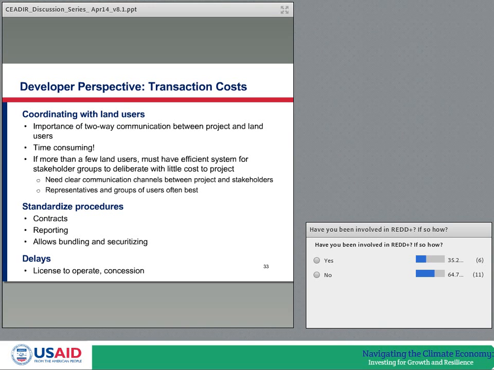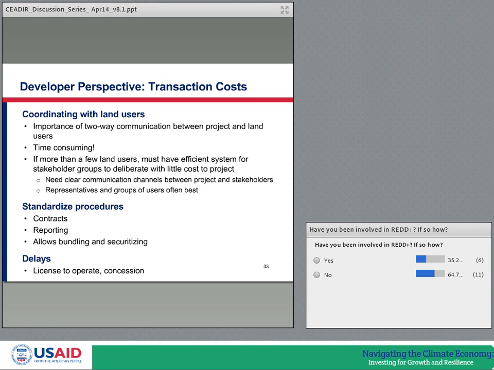There are some options here, but it's easier to deal with a few landholders who have large land holdings. So that's why you see REDD projects that are headed that direction. JP touched on this idea of the more we can standardize the accounting, and this is not just financial accounting, but also carbon accounting and contracts and reporting, then it's cheaper and easier, and we can reduce our transaction costs.